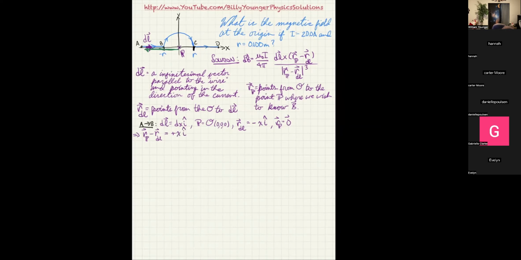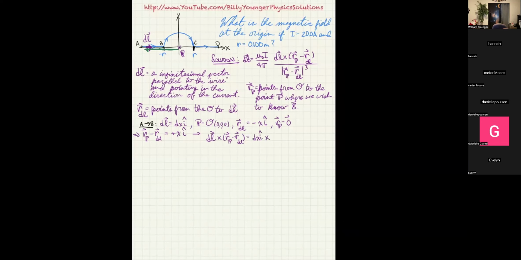Okay. Now we can determine the most important part, which is that cross product in the integral. So dl cross (RP minus R dl) is just, we write down dl, that's going to be dx I hat.